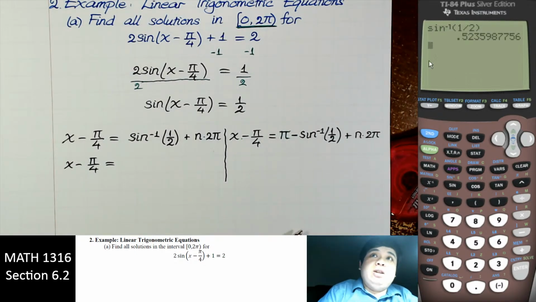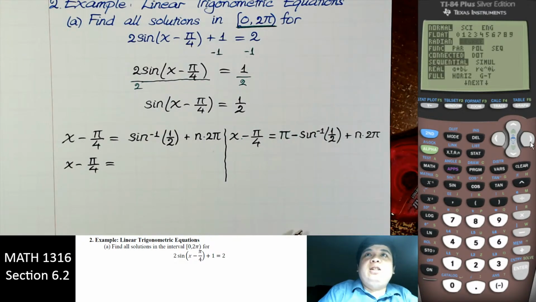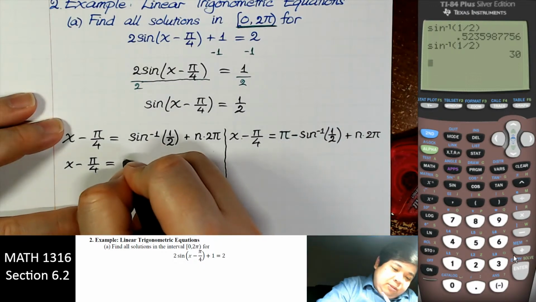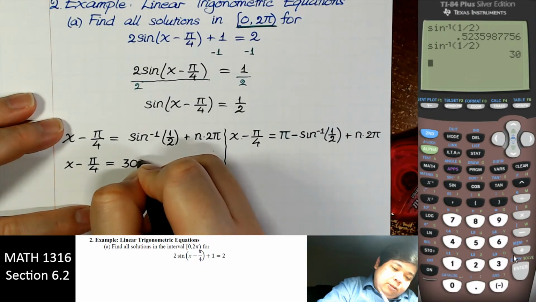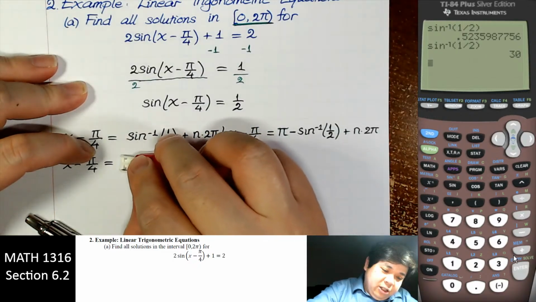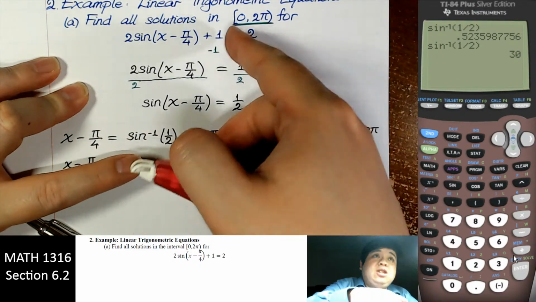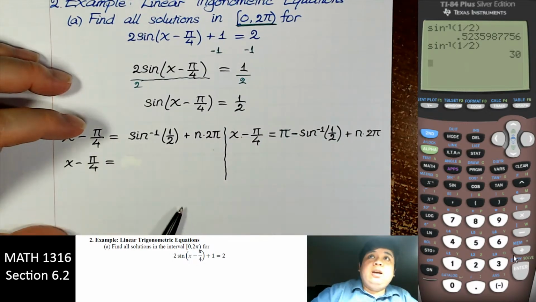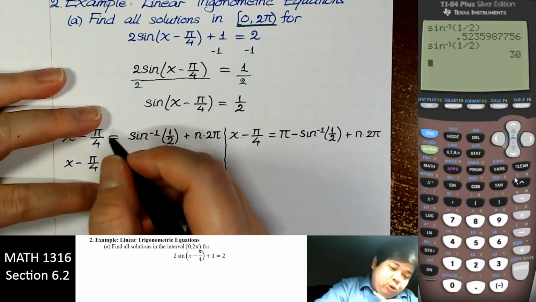Of course, that gives us radians, but if we want a nicer answer, let's keep that in degrees. It's 30 degrees. We're not going to use degrees here because the answer is supposed to be given in radians. So 30 degrees is equivalent to pi over 6.